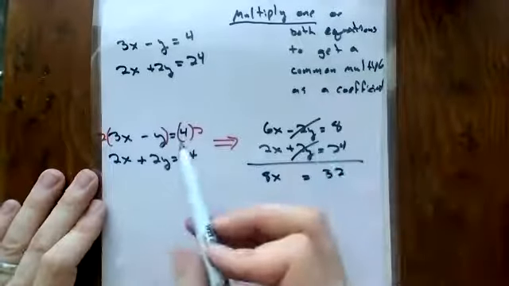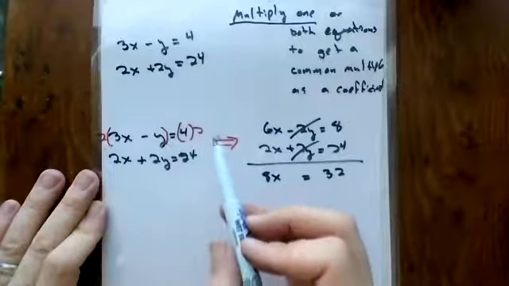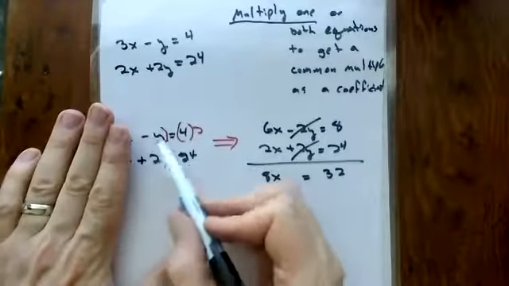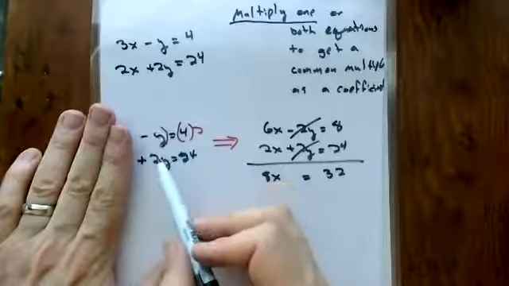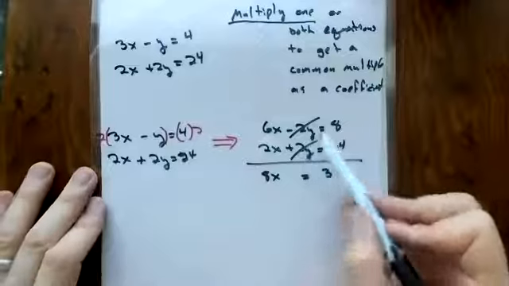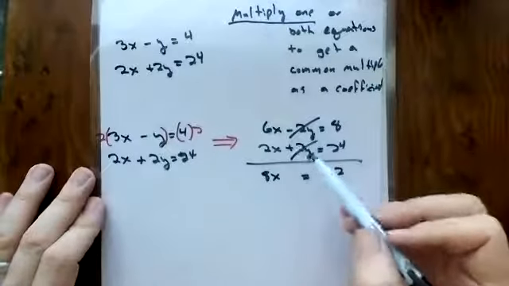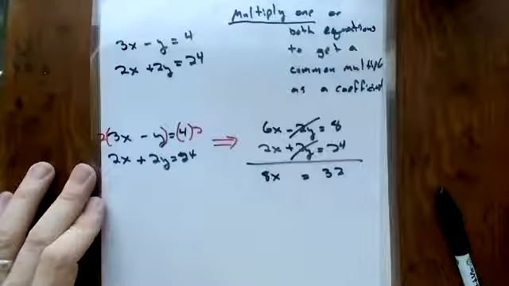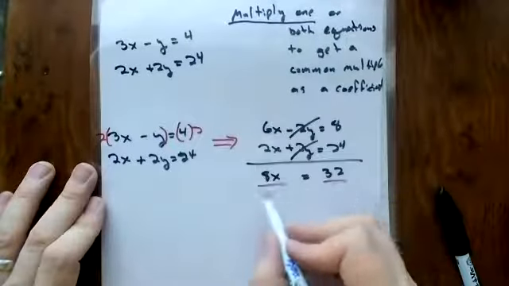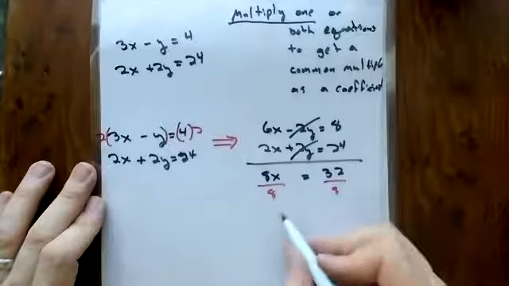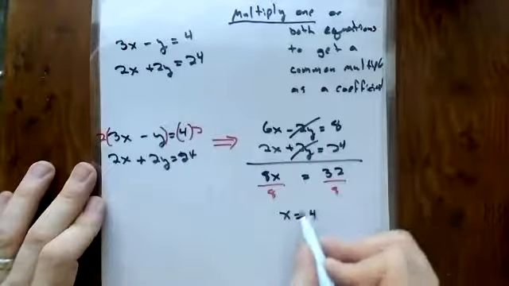So after we multiplied this equation by 2, and we're just looking for some common multiple, in this case 1 and 2, we were able to eliminate one of our variables. Now I'm going to divide both sides by 8. So I've got x is equal to 4.